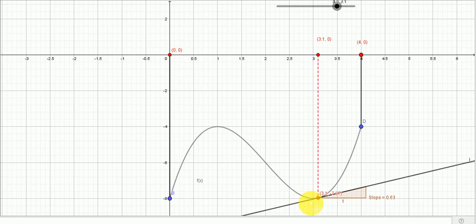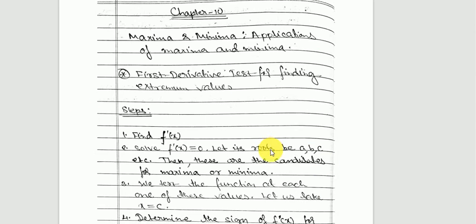So what is happening over here, the sign of the derivative is changing from negative to positive. So that point is the point of minimum. What I explained in this graph, the same thing is given over here in these steps.